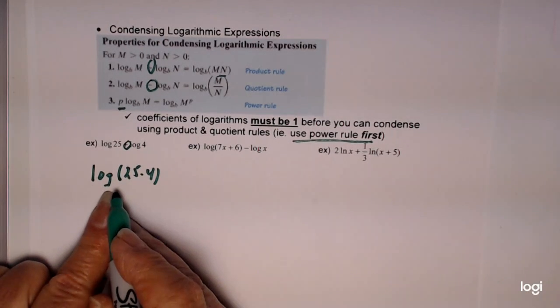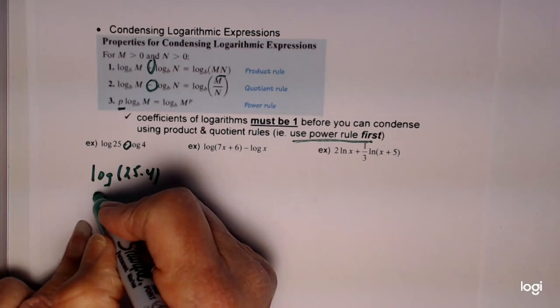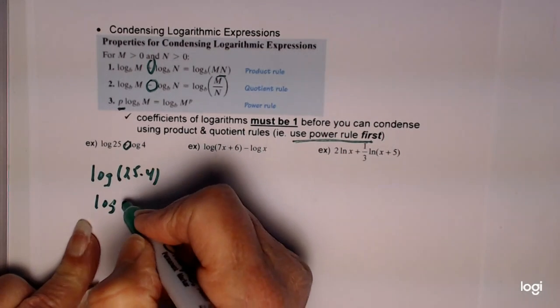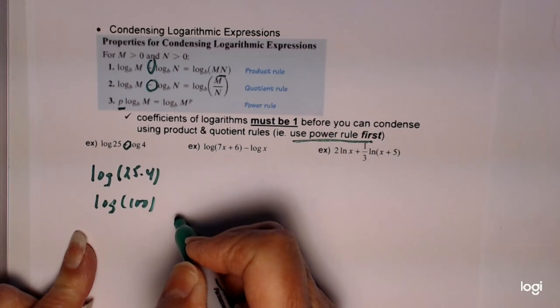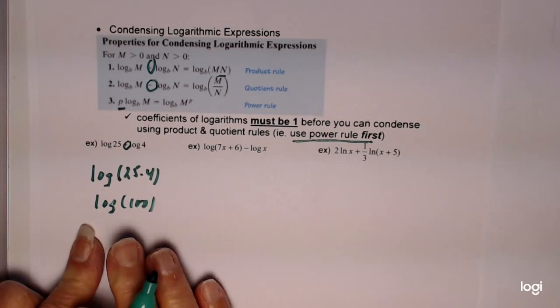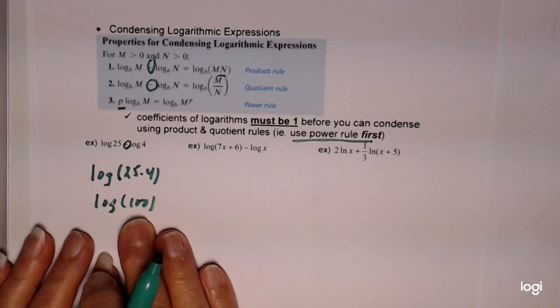So it's log of 25 multiplied times 4. So we can do this multiplication, 25 times 4. We're looking at the log of 100. Now, we have used the properties of logarithms here, and we're done with that piece of it.